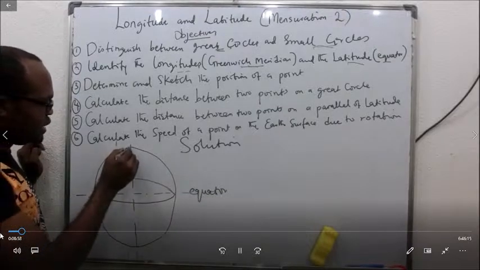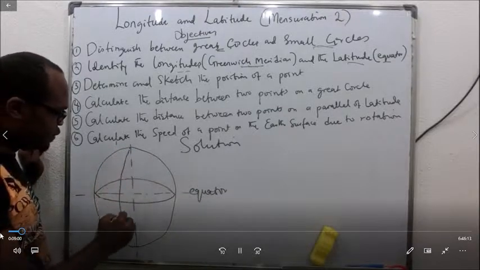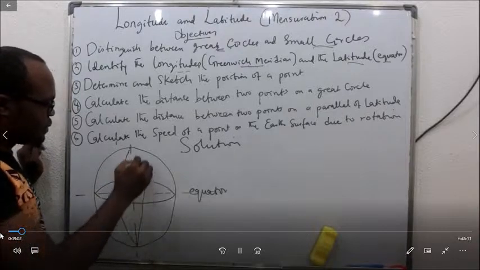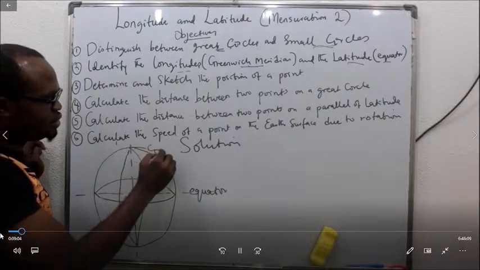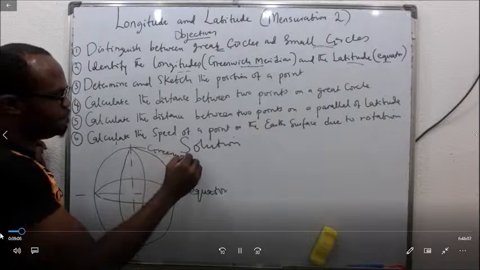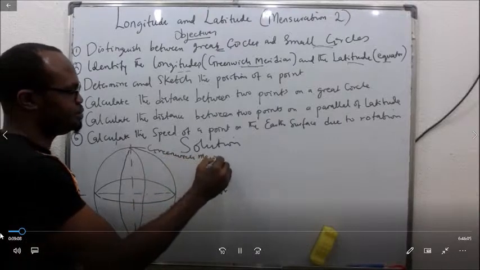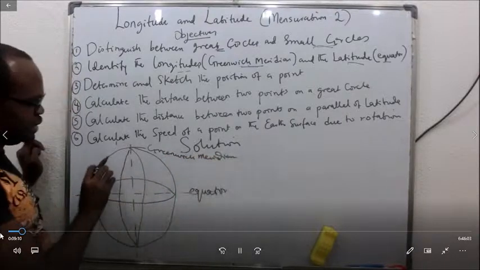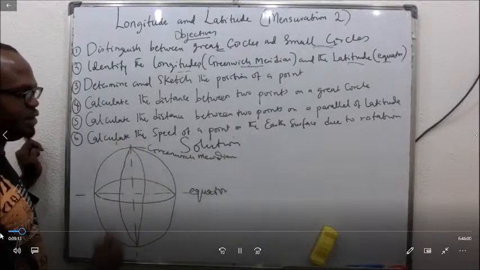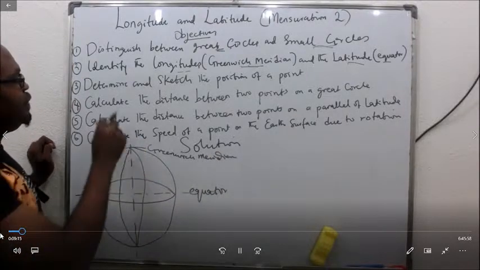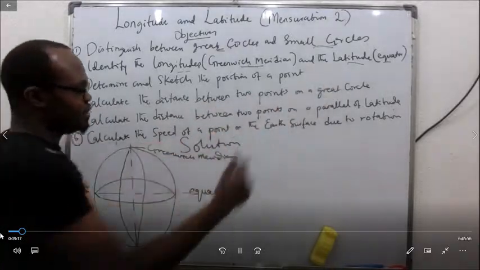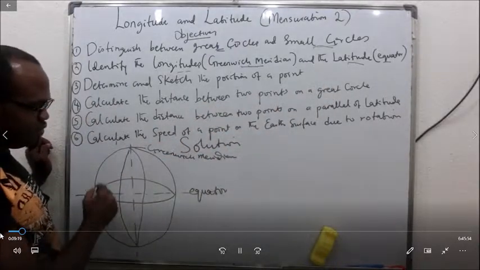If you also cut the Earth through the Greenwich meridian, you also get two equal parts. So now, if you want to calculate the distance between 2 points on a great circle, this is a great circle, the equator.